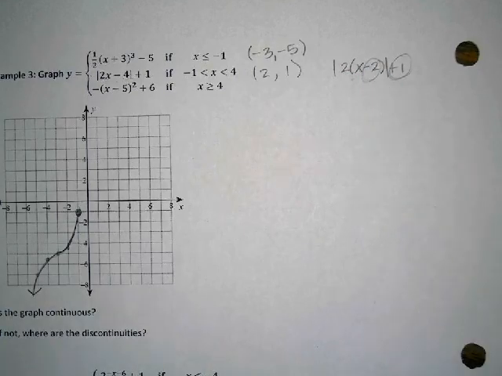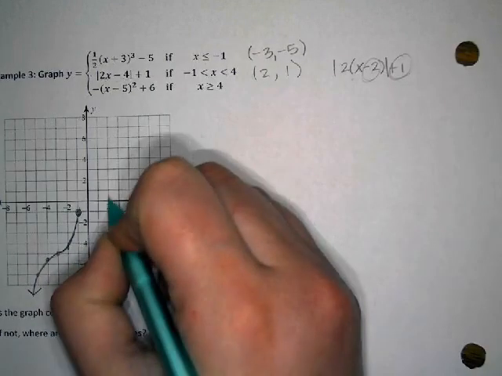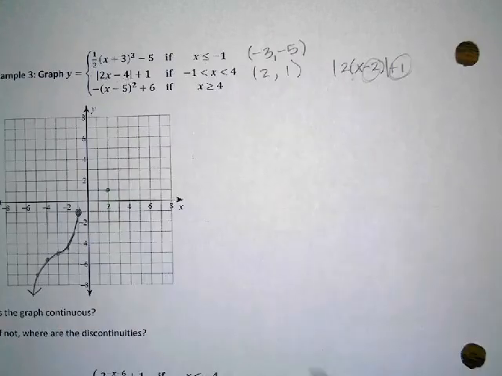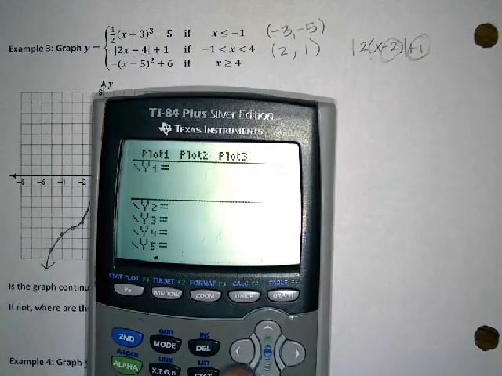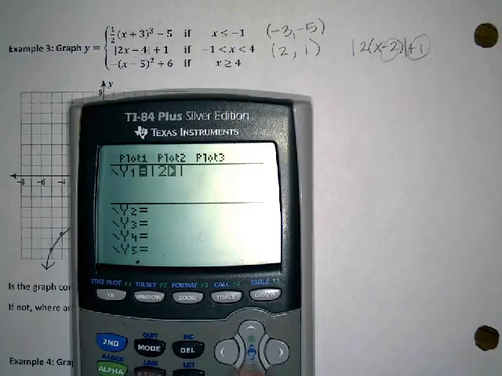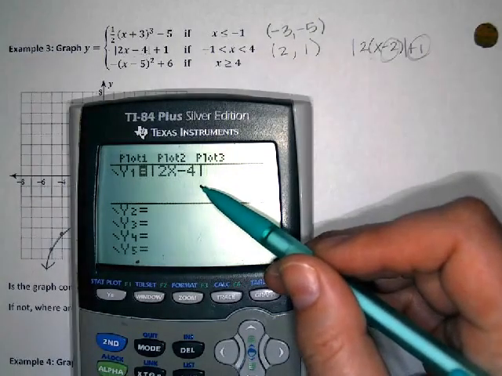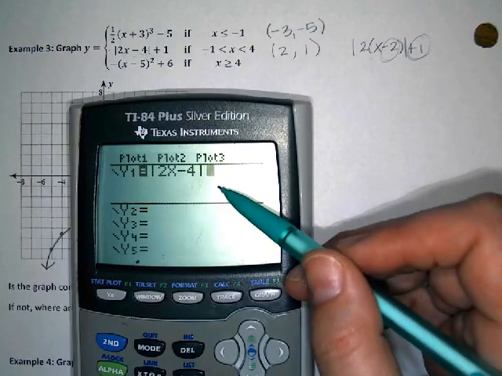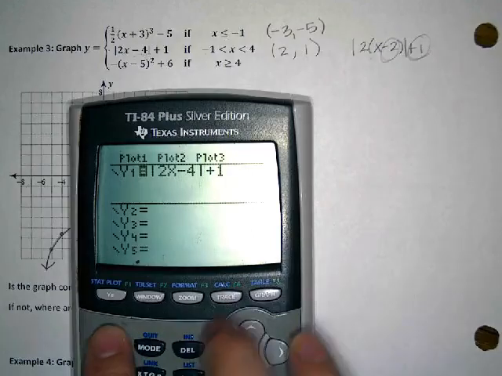All right, so 2, 1 is the point we have there, so we're going to type it in and then look for that on the table. And remember, to get to the absolute value sign, we hit the math button, math, go over to the second column, and it's the first one on there. So 2, 1 is the middle.